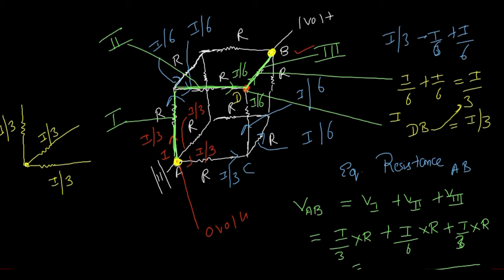So this is (2R plus R plus 2R) by 6, which comes out to be 5R by 6. So the potential difference between A and B is 5R by 6.